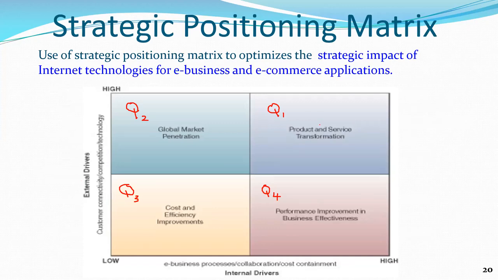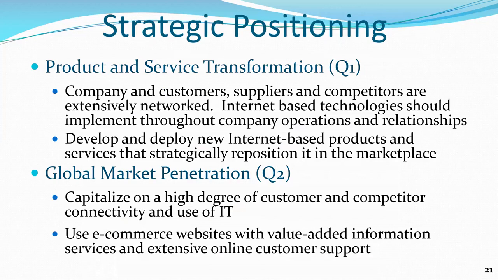Internet-based technology should be implemented throughout the company operations and relationships. The main thing is to develop and deploy new internet-based products and services that strategically reposition the company in the marketplace. Since external and internal drivers are high here, you have a good opportunity of implementing new technologies as well as repositioning in the marketplace, because internet-based products and services flow freely internally and externally in such an organization.